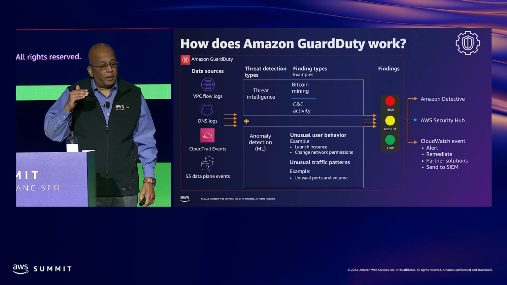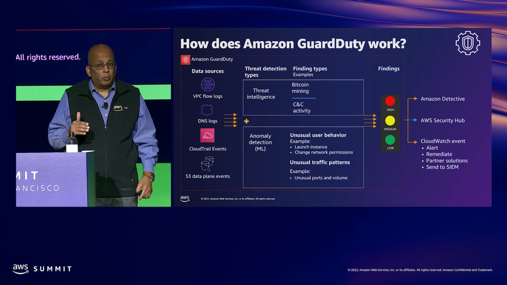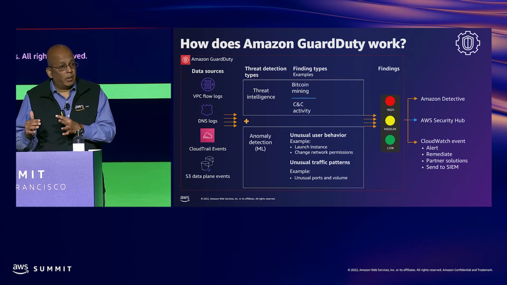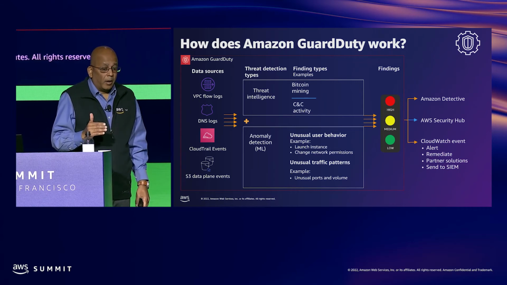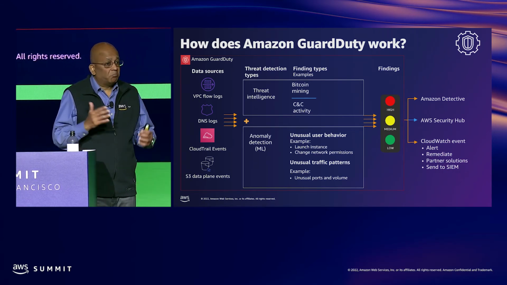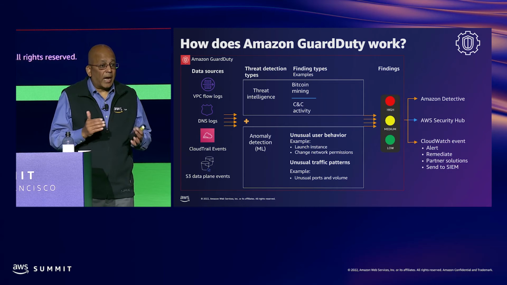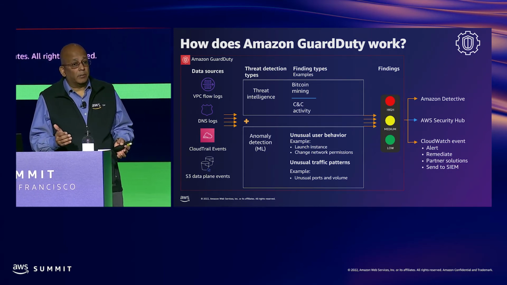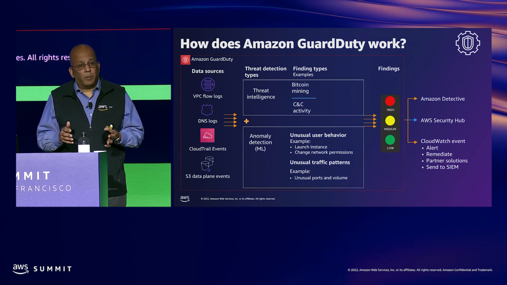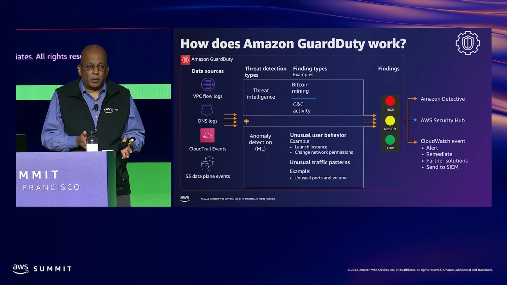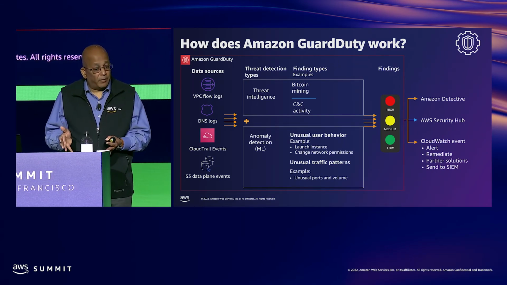It categorizes them high, medium, and low, to make sure that you can pay attention to the severity of these findings. A high priority finding means that the resource has been compromised. You need to take action right away, right? A yellow finding is where, hey, there's some suspicious behavior here. Probably you should go take a look, because this does not meet your normal pattern of behavior.